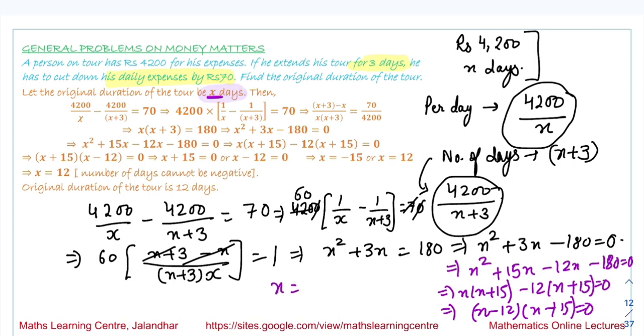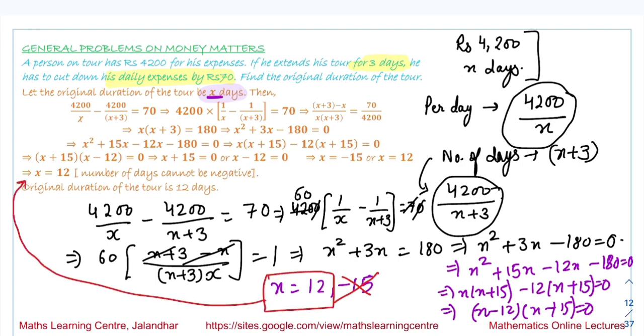So the two values of x we have are 12 and minus 15. Now minus 15 is not possible because the number of days cannot be negative. So the answer is x is equal to 12. So the original duration of the tour is 12 days.